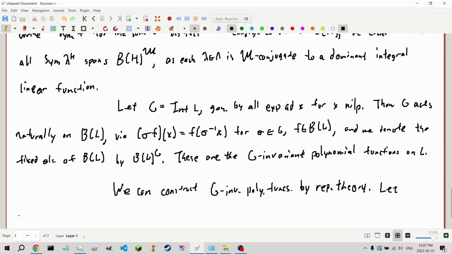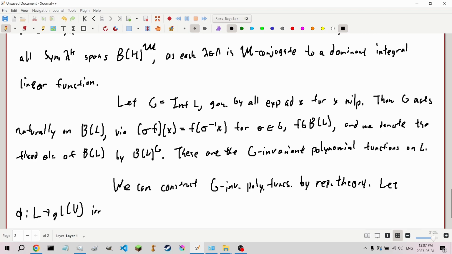Let phi be an irreducible representation of L onto V, of highest weight lambda, and lambda plus.